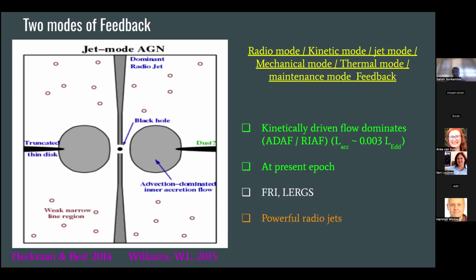This is radiatively inefficient, and we see it in the present epoch at low redshifts. It is seen in FR1 type galaxies and low excitation radio galaxies, and it produces powerful radio jets.